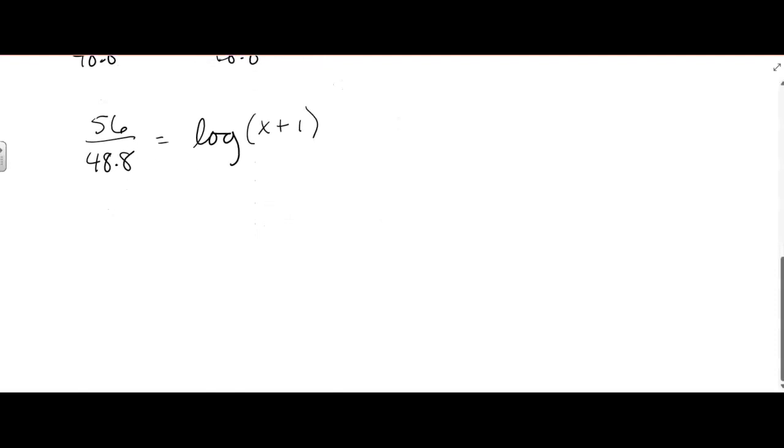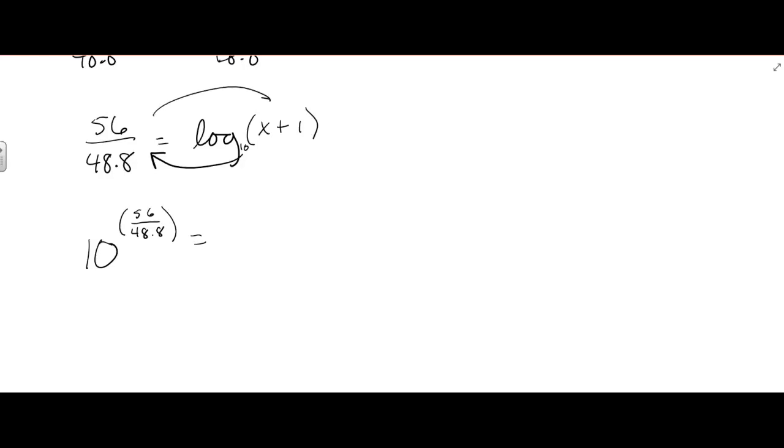So my base here is 10. So I'm going to write 10, and then that's my exponent. Crazy exponent, huh? So my exponent is 56 divided by 48.8, whatever that is. And that's going to equal the argument, x plus 1.